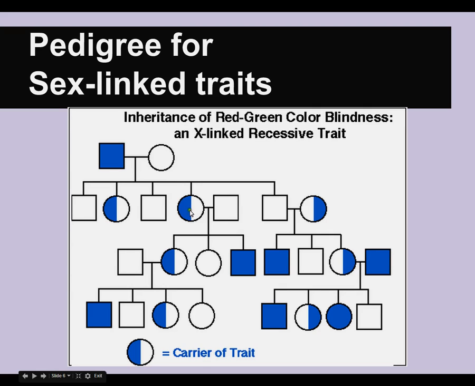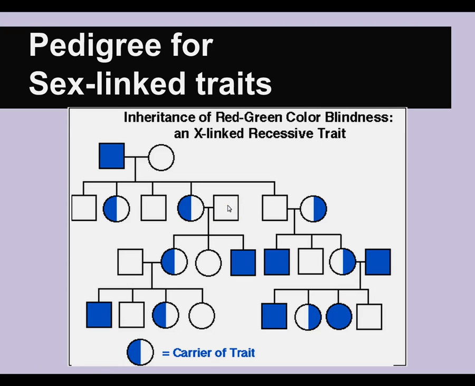So this girl marries this boy from a different family, and they have children. She's a carrier. So she donates her X chromosome to this boy. She donates an X chromosome to this girl, and she also donates an X chromosome to this girl. Since the father is not red-green colorblind, that means he has the dominant trait.